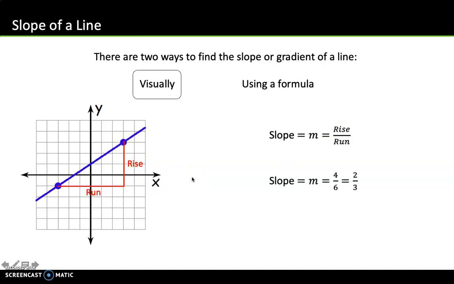If we look at the rise, we start at this point, we go down 1, 2, 3, 4 boxes, so my rise is 4. And my run then, I start at the point and I go across 1, 2, 3, 4, 5, 6 boxes, so my run is 6. That gives me 4 over 6, which we can work down to 2 over 3.